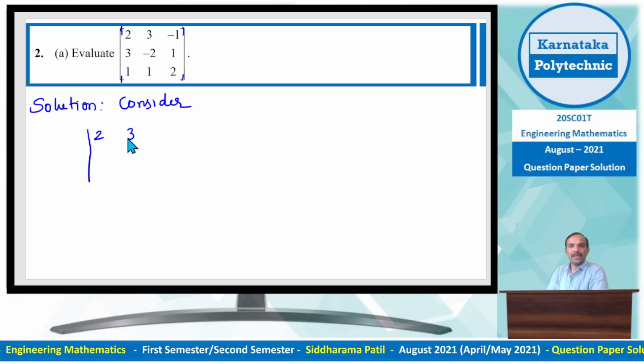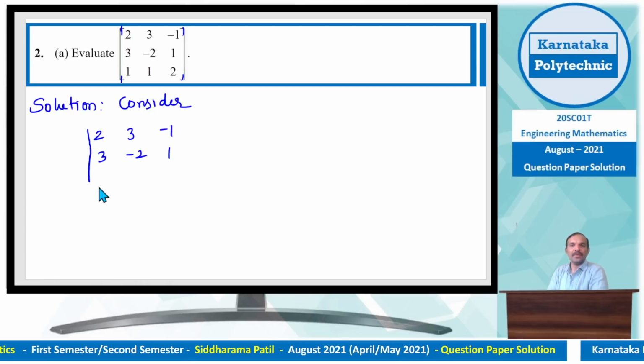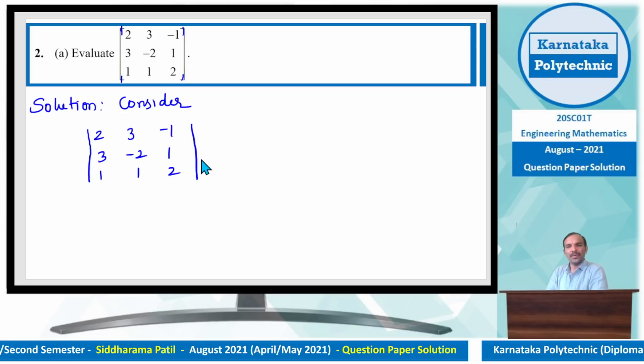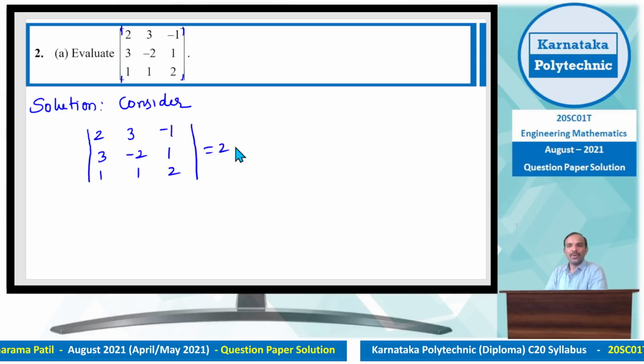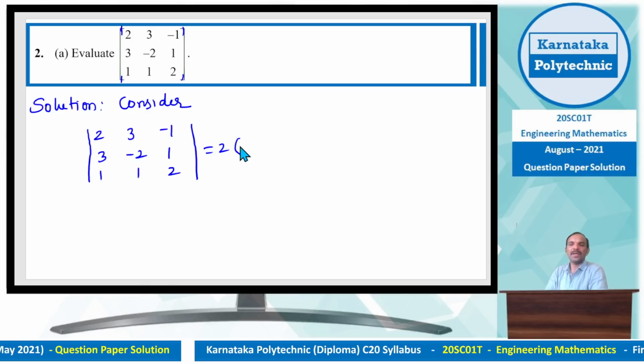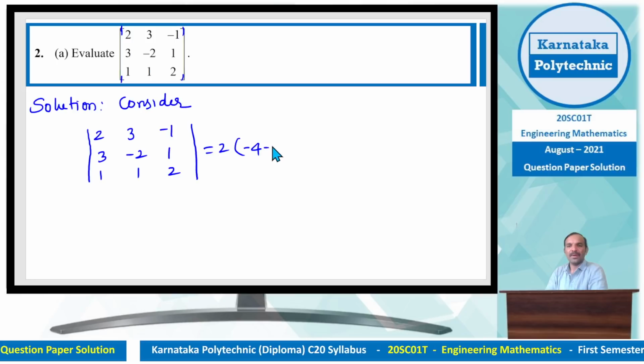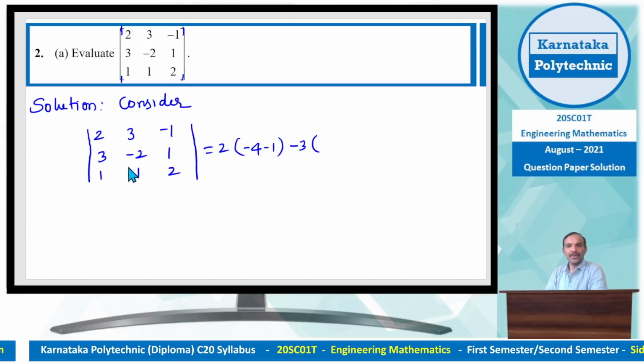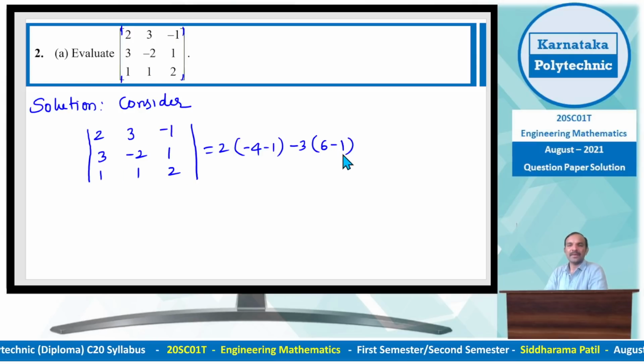Determinant of 2, 3, minus 1, 3, minus 2, 1, 1, 1, 2 equal to expansion with respect to first row: 2 into, delete first row first column, minus 2 into 2 is minus 4, 1 into 1, minus 1, so minus 4 minus 1. Next minus 3 into, 3 into 2 is 6, 1 into 1, 6 minus 1.